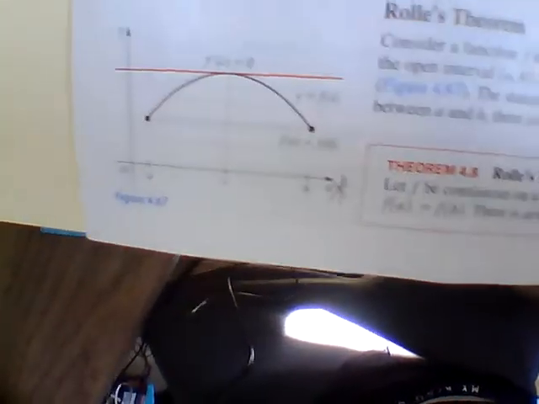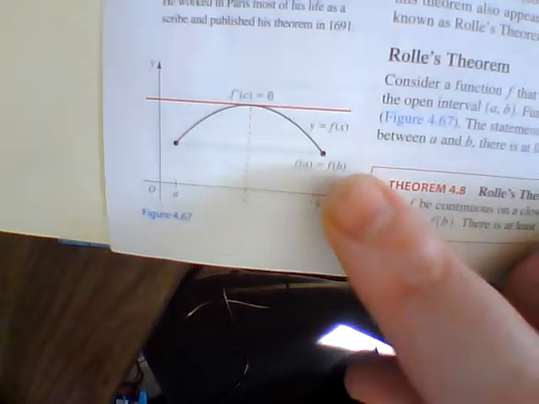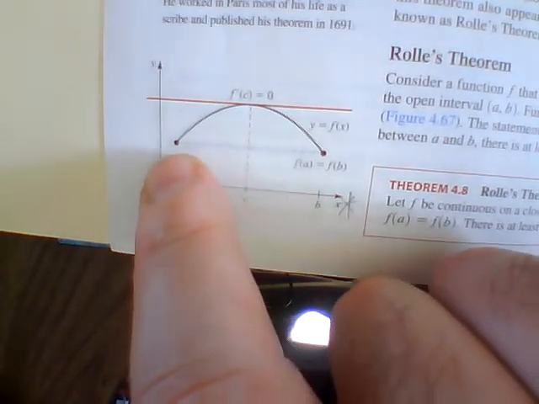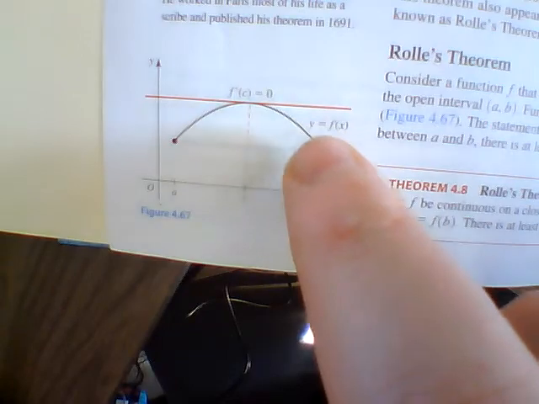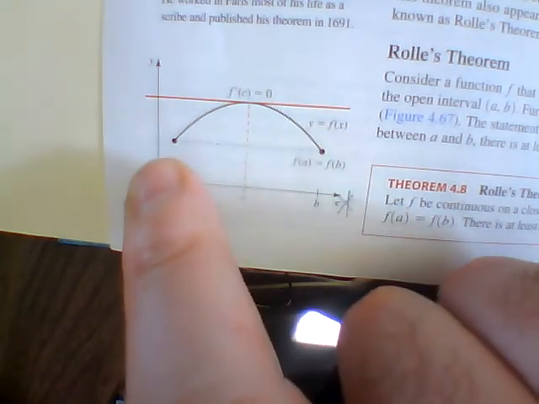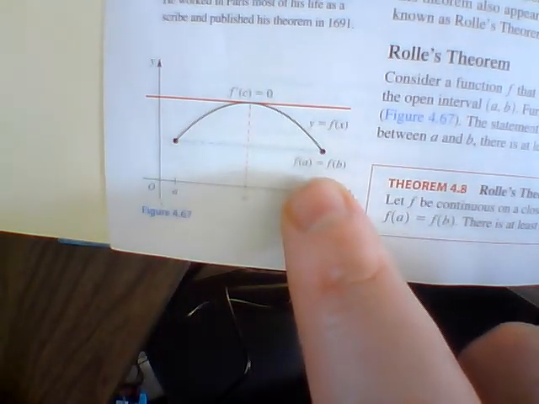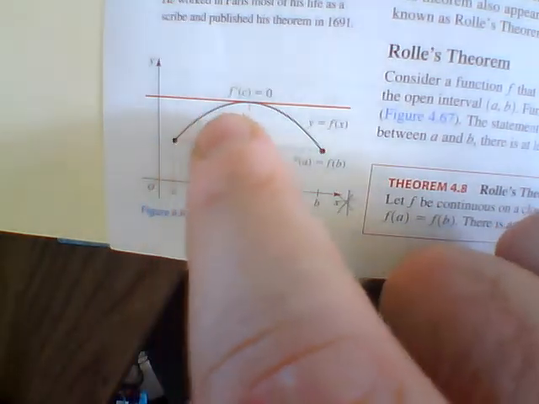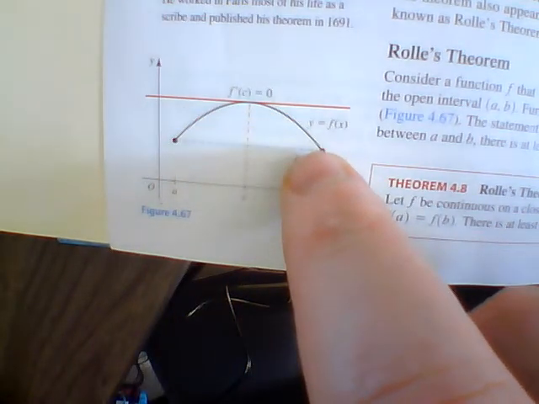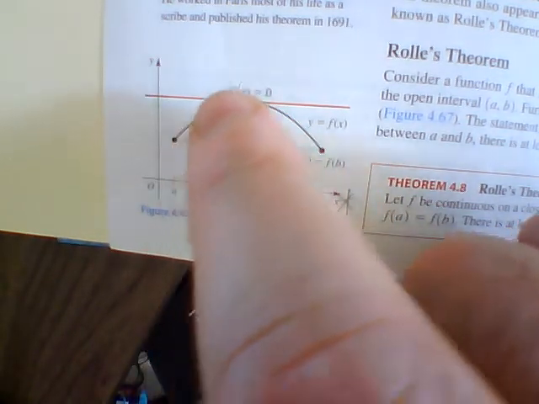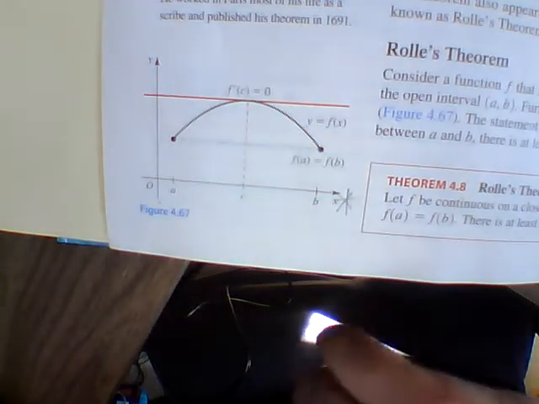where the derivative is going to equal 0. If I come over to the graph right here, here's our overall graph on the interval a to b. We're differentiable everywhere on this graph, so we have a nice continuous graph that is differentiable everywhere.